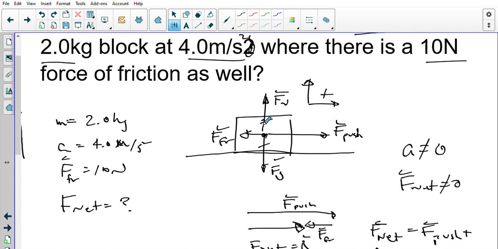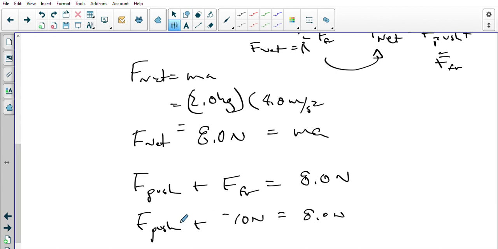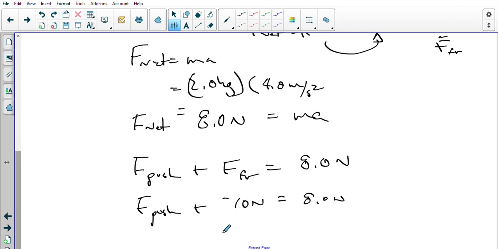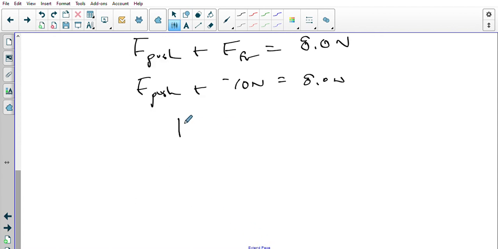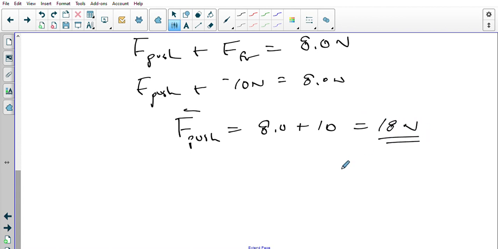Anyways, and these are unequal. So we're going to have force of the push minus 10 is equal to 8. And then we do our easy peasy mathematics. That's going to be 8.0 plus 10, and that's equal to 18 newtons. So the force of the push has to be 18 newtons because we're overcoming 10 newtons of frictional force so that it accelerates with a force of 8 newtons.